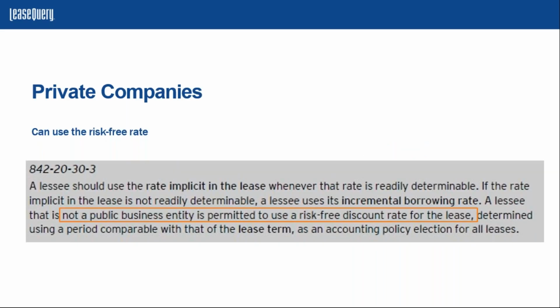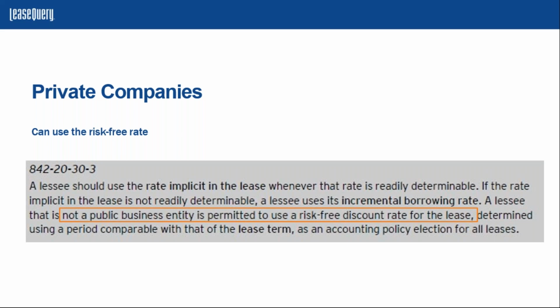But what we've done here is attached the guidance where it does state that an organization can use the risk-free rate. You should use the rate implicit in the lease. However, most lessees do not have the information necessary in order to calculate that implicit rate. Then it would be suggested to go to your incremental borrowing rate, which is typically obtained from a financial institution based on the rate you would obtain from a collateralized loan.